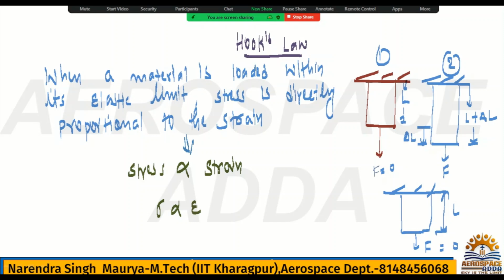And always remember, this holds good for both types of load, whether tensile load or compressive load. It holds good for tension as well as compressive load.